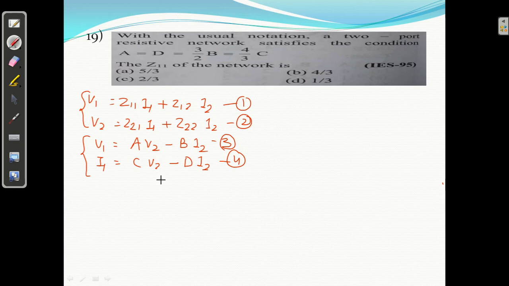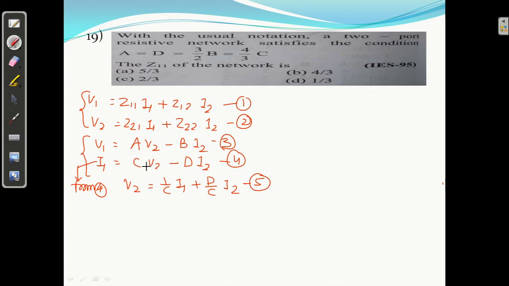We have to compare. So from 4, V2 in terms of I1 and I2, and here also V2 in terms of I1 and I2. So from 4, V2 equals 1 upon C I1, and the minus goes there, so plus D by C I2. Equation number 5.